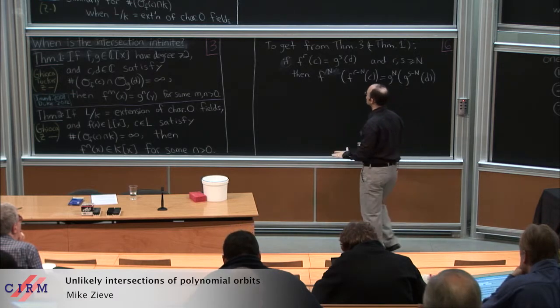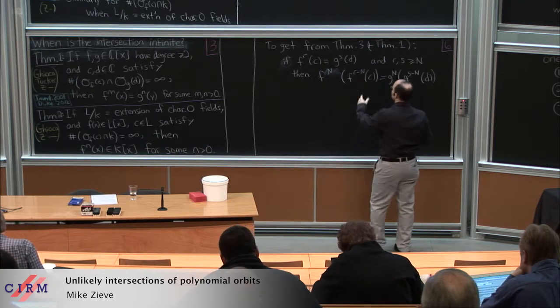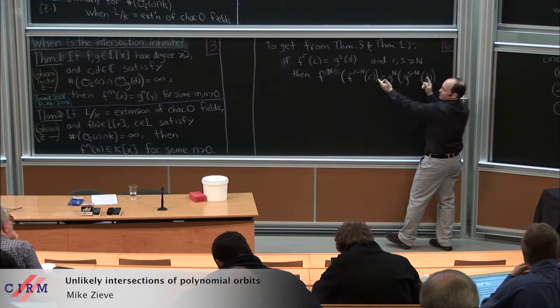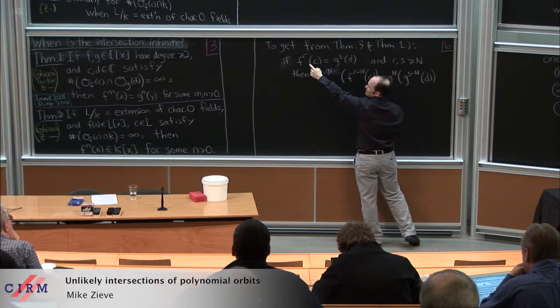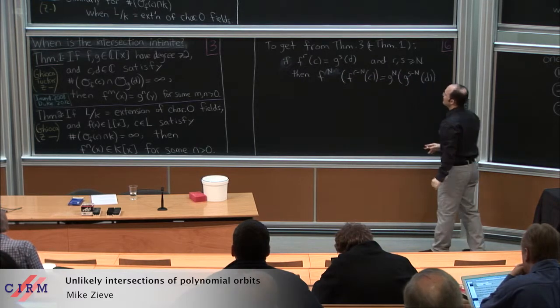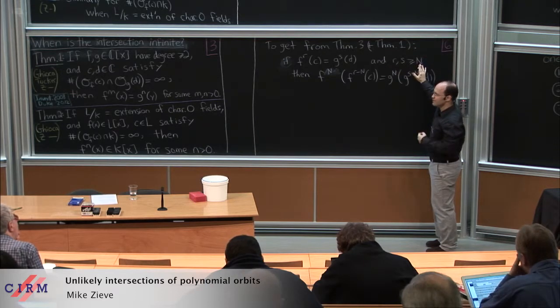So we get to assume that the orbit is infinite, so that there are only at most 2n solutions to this that have r less than or equal to n or s less than or equal to n. So most solutions will have both r and s big rather than just one of them being big.